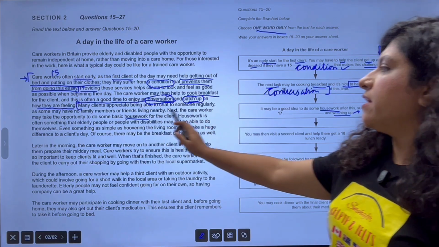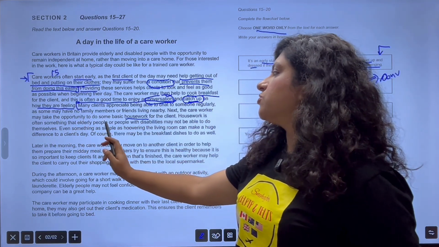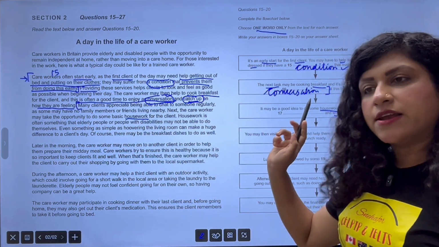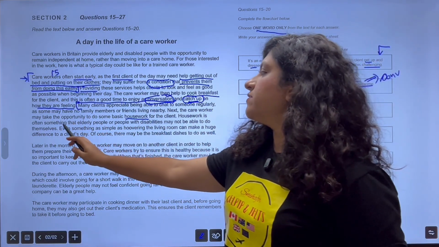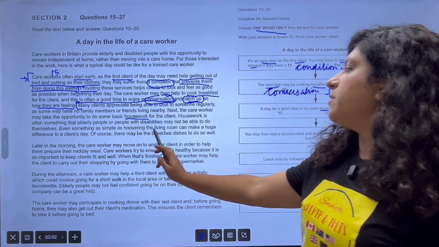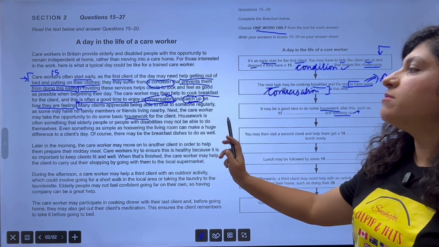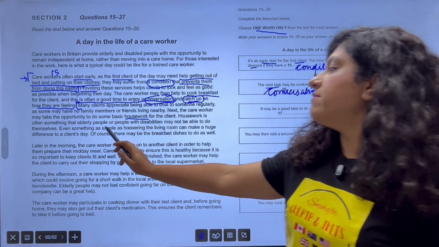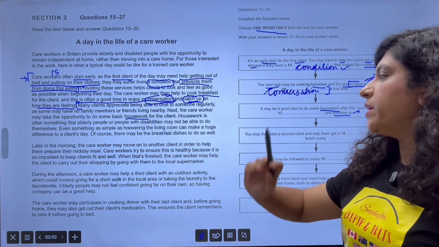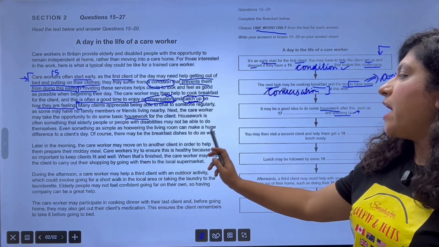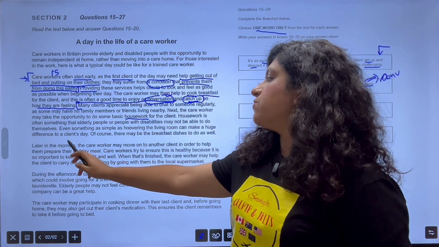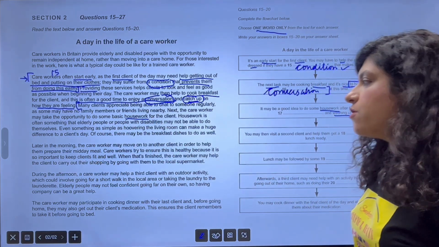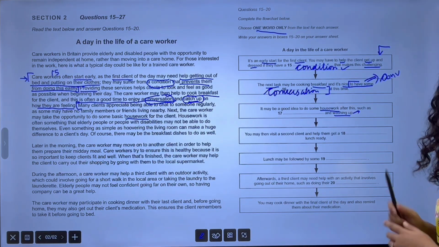So next, the care worker may take the opportunity to do some basic housework for the client. Housework is often something that elderly people or people with disabilities may not be able to do themselves. Even something as simple as hoovering the living room can make a huge difference to a client's stay. Of course, there may be breakfast dishes to do as well.